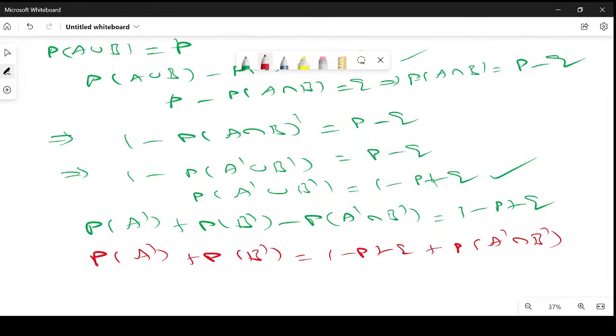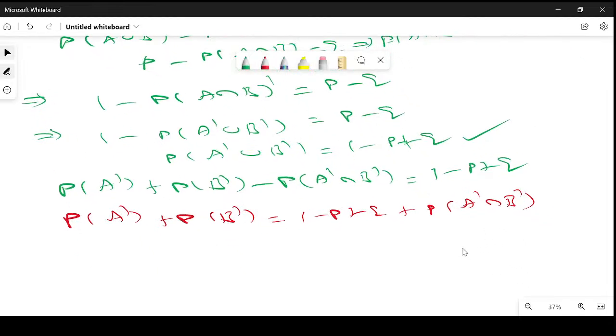Again, if you use De Morgan's law here, A complement intersection B complement is nothing but 1 minus P of A union B. If you want, I can write this to understand.